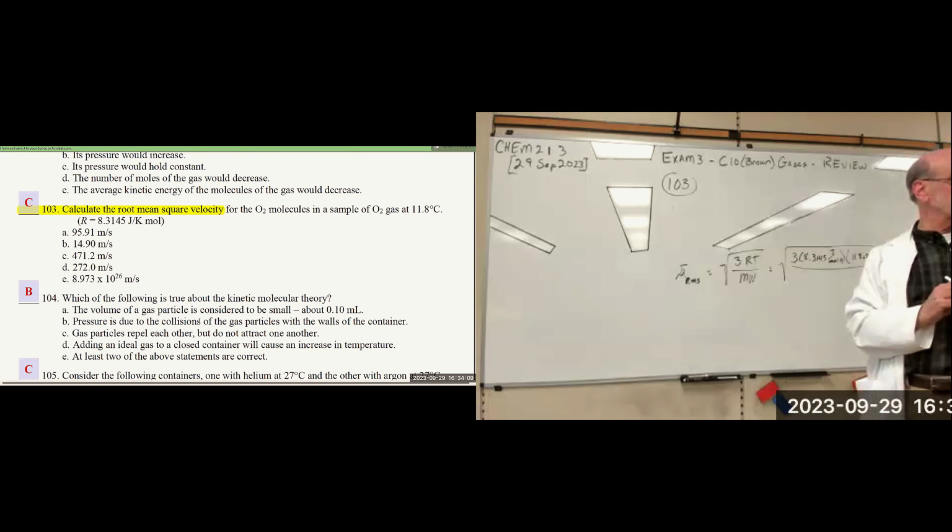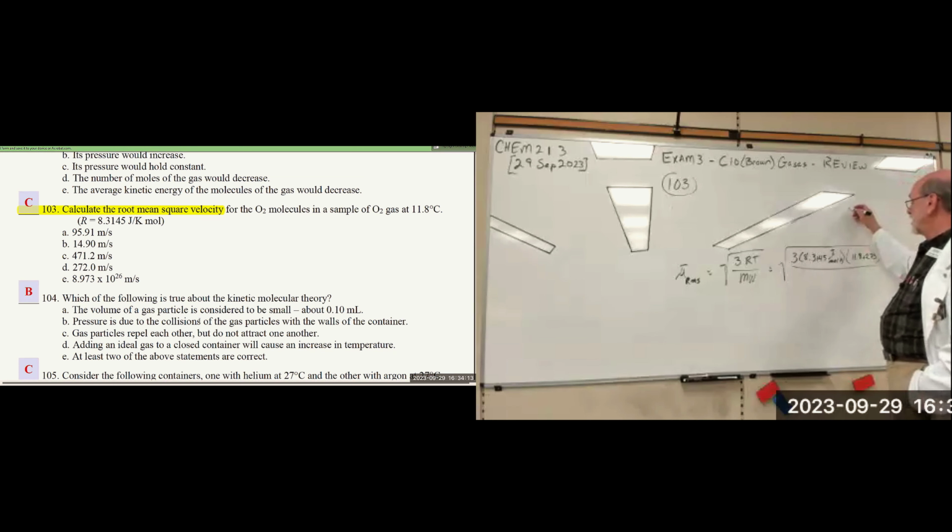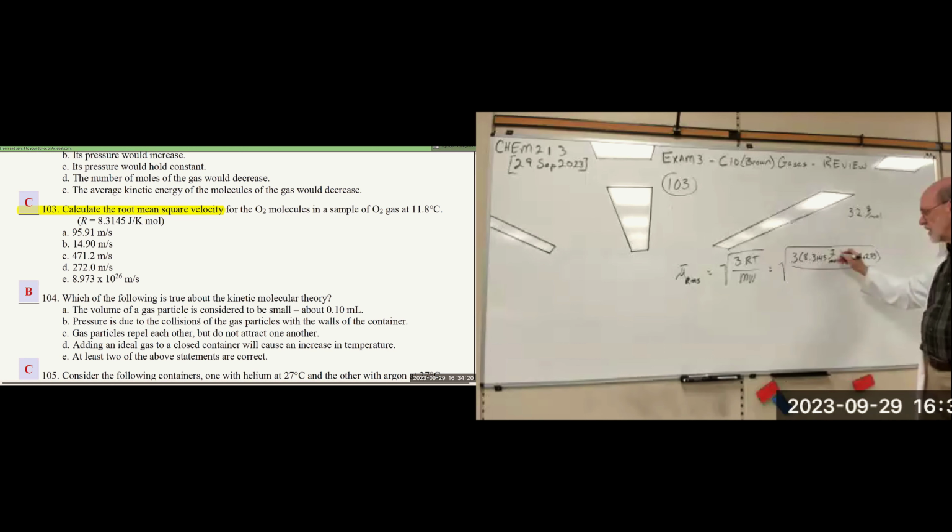Diatomic gas, 16 times 2. 32 grams per mole. But joules is based upon SI units, and the SI unit for mass is not grams, it's kilograms. We want kilograms.